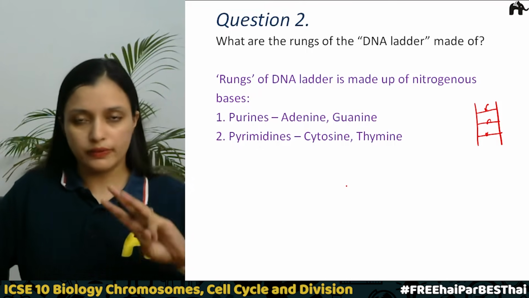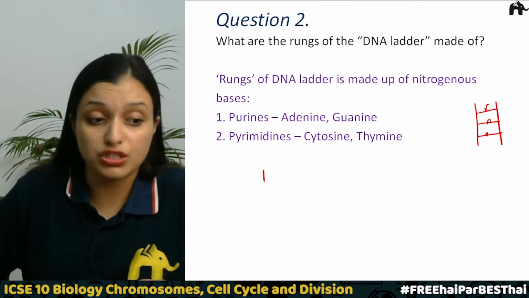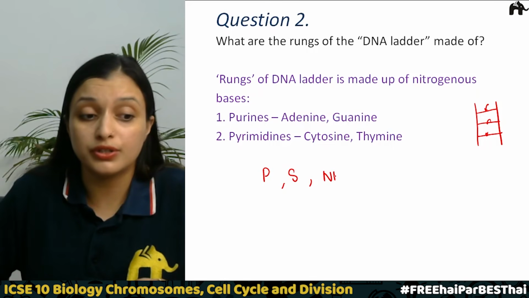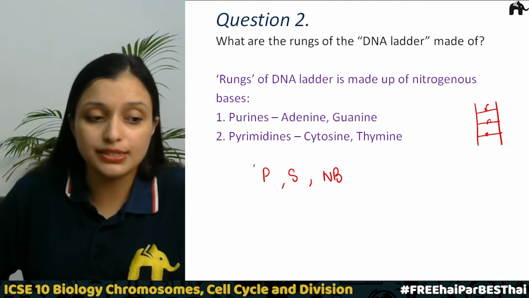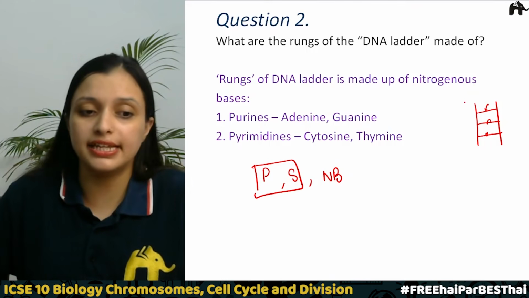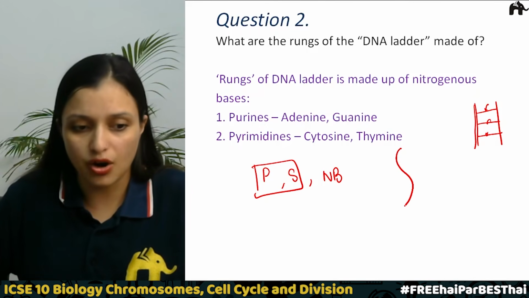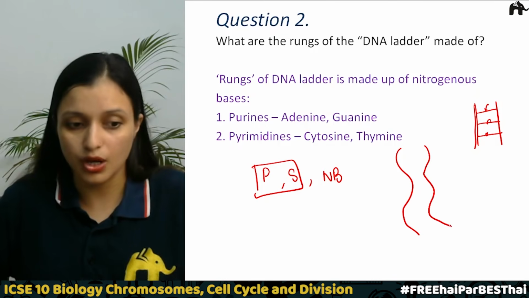We know there are three components. There is a phosphate, there is a sugar, and there are nitrogenous bases. Now these two form the sides of this ladder, which means the sides, the strands.